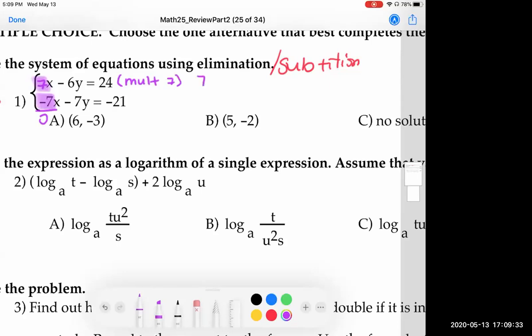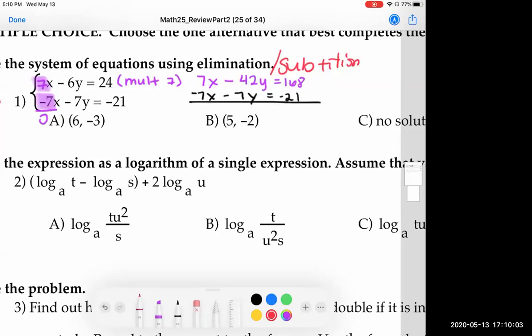So that I have 7x, negative 6 times 7 gives me negative 42y, and 24 times 7, with a calculator, we get 168. Then we rewrite our second one, which is negative 7x minus 7y equals negative 21.